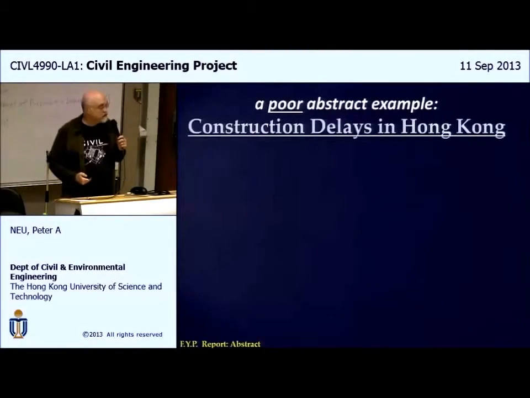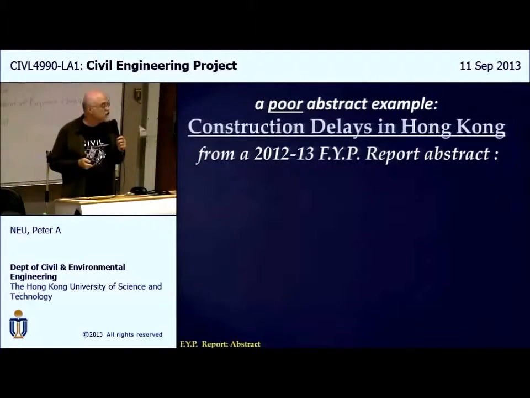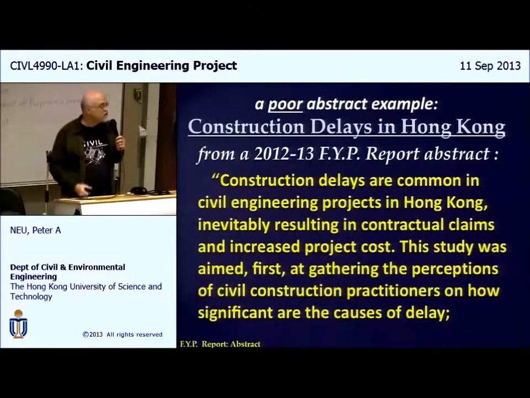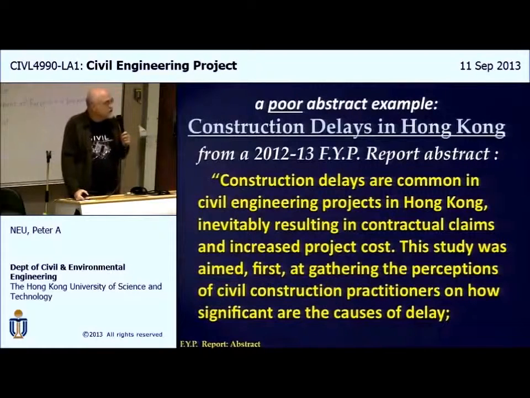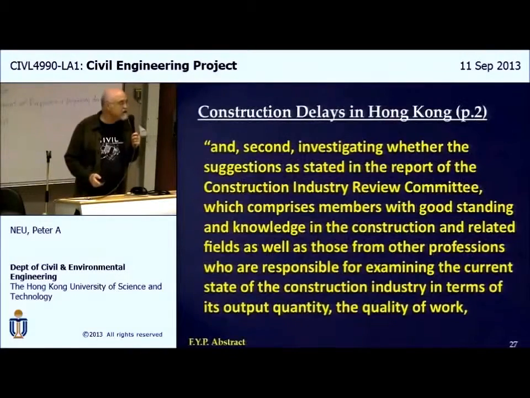A poor abstract example. This is an actual, real abstract draft from last year. We changed it eventually, but it started like this from 2012-13. Construction delays are common in civil engineering projects in Hong Kong, inevitably resulting in contractual claims and increased project cost. This study was aimed first at gathering the perceptions of civil construction practitioners on how significant are the causes of delay.